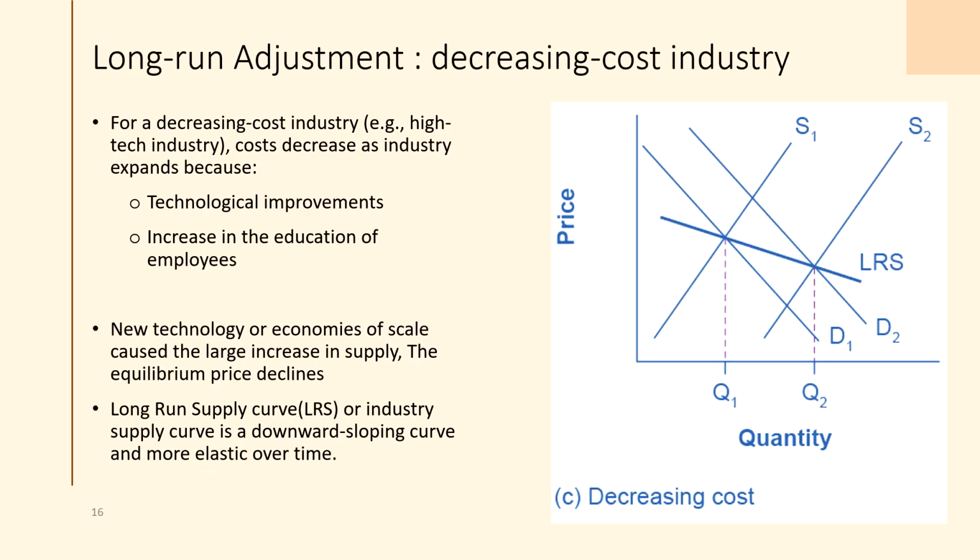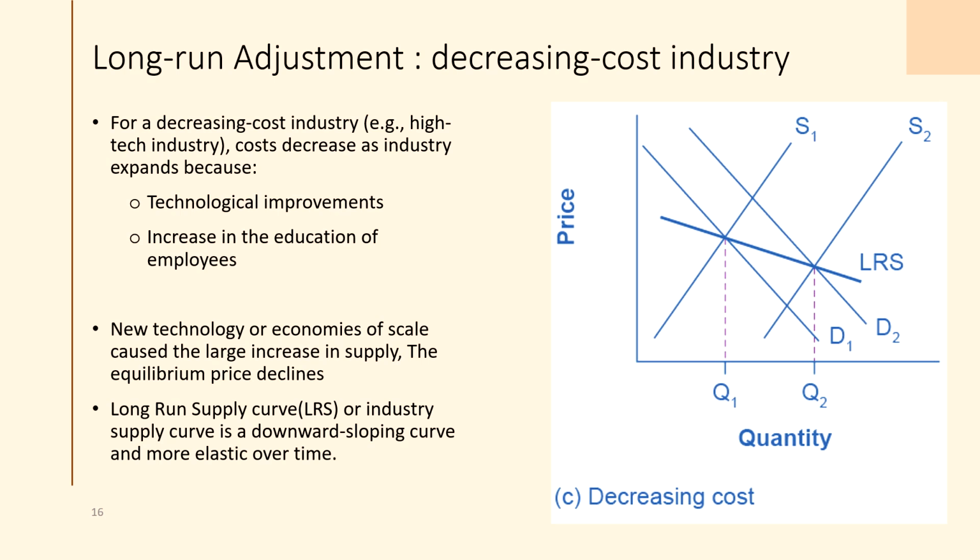Now let's look at the third case, the decreasing cost industry. In this type of industry, costs decrease as the industry expands. This may not seem understandable at first, but it happens for several reasons. One reason is technological improvement.